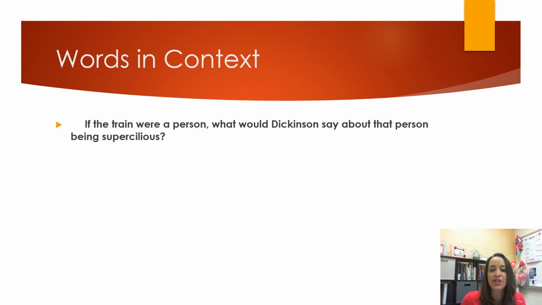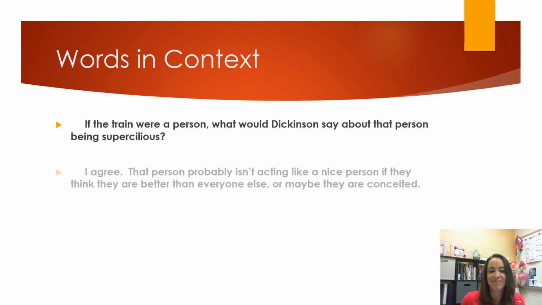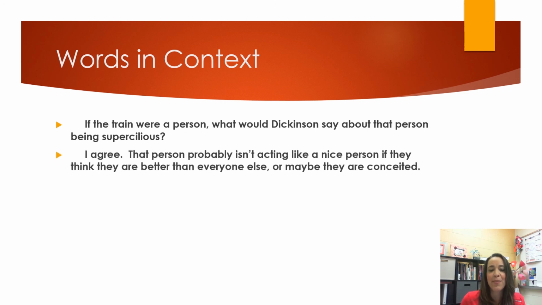If the train were a person, what would Dickinson say about the person being supercilious? I agree. That person probably isn't acting like a nice person if they think they are better than everyone else. Or maybe they are conceited.